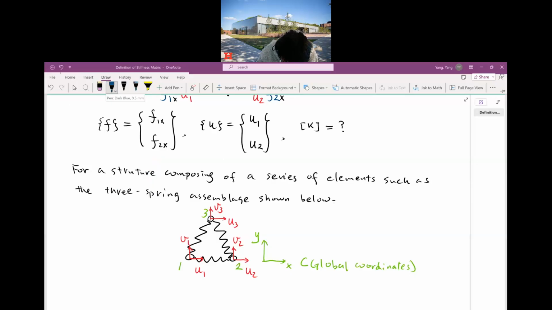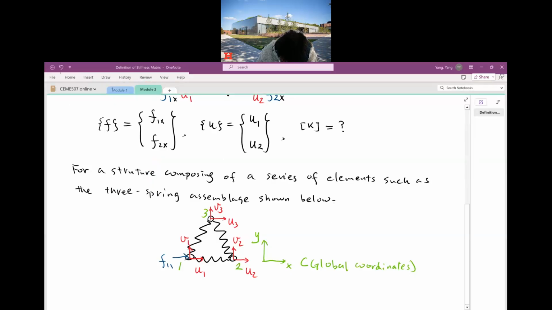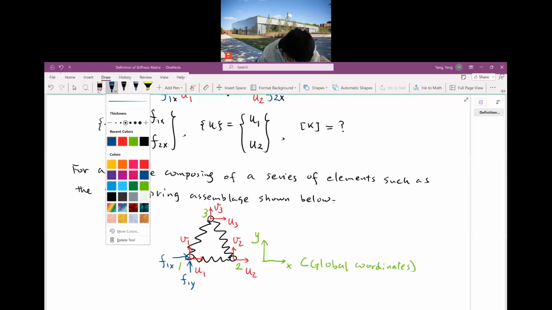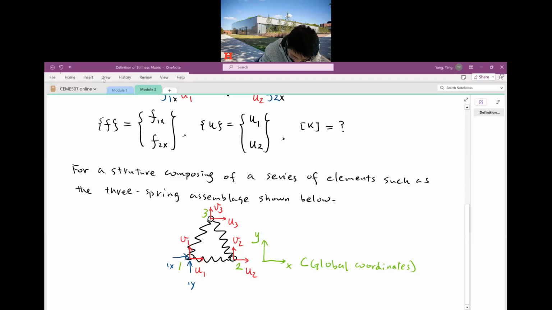Similarly, we need to consider the forces. We have F1x, F1y. Now, since that's global, we use uppercase. F2x, F2y, F3x, F3y.